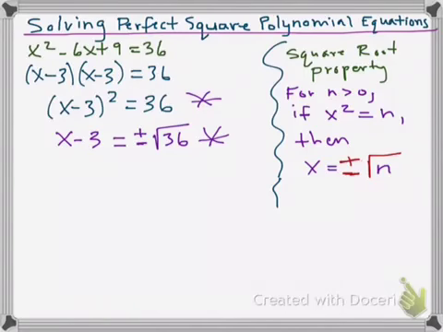One important concept to remember is that every positive real square number has two roots, a positive one and a negative one. So for example, 16 has two roots. It has 4 and negative 4.